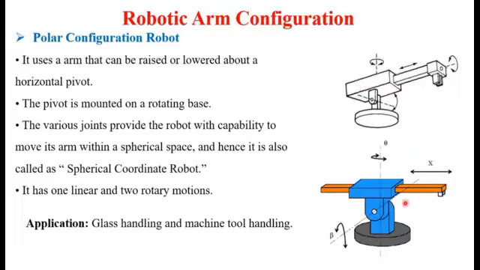It has one linear and two rotary motions. Along this x direction it can move linearly, and it can also move in rotational directions. An application of this type of robot is glass handling and machine tool handling robots.